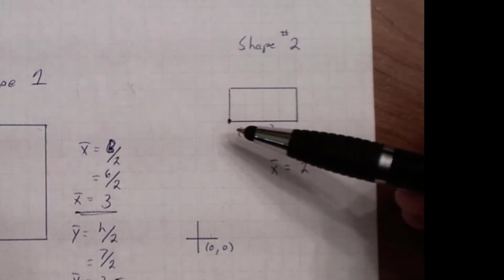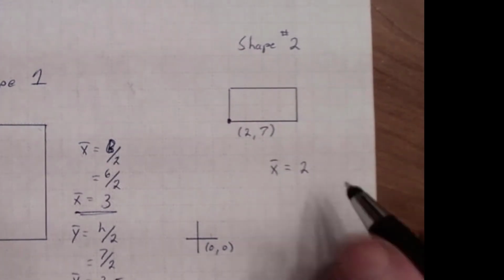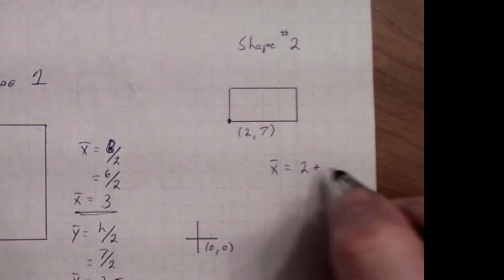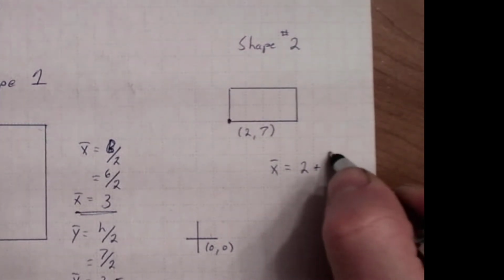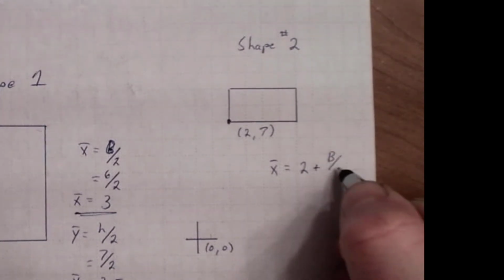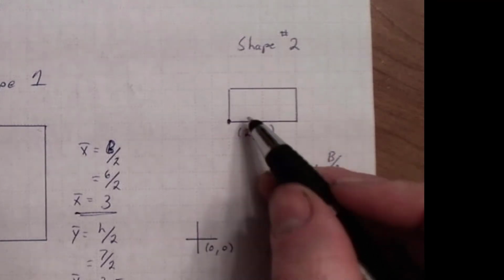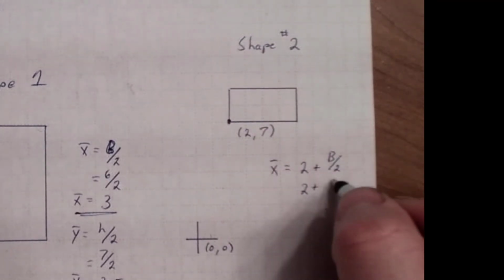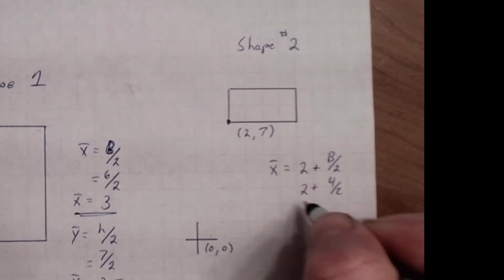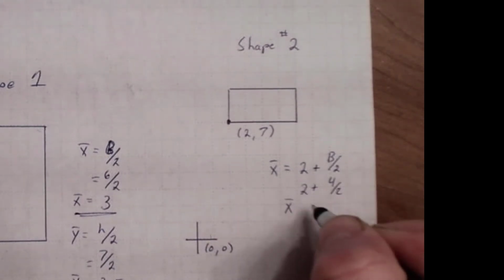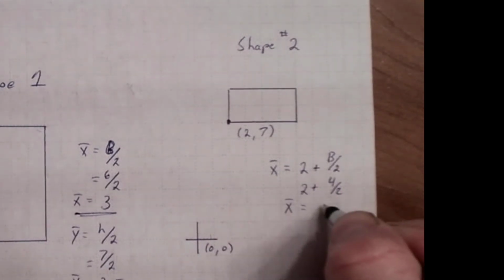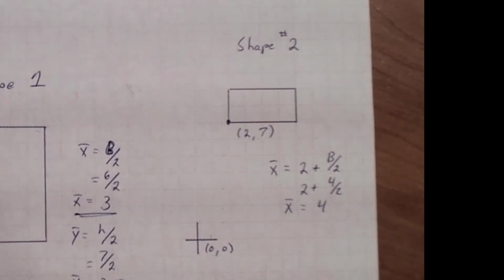In this case, I'm obviously going to move in a positive direction, so it becomes plus base divided by 2. This is 2 plus 4 divided by 2. So x bar of this object equals 4.